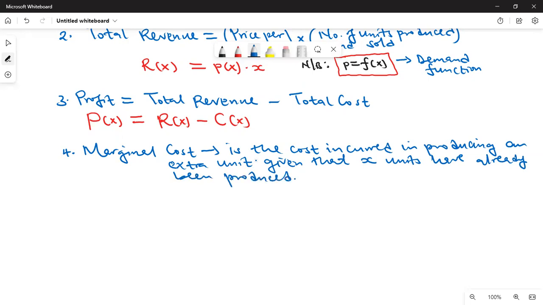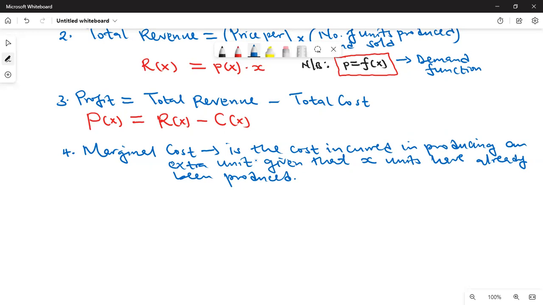So for example, let's say the company has produced 10 units of a commodity, and now you want to know how much the company will incur by producing the 11th unit. You have produced 10, you want to produce an extra one so that the total number of units produced will be 11. How much will you incur by producing that extra unit?